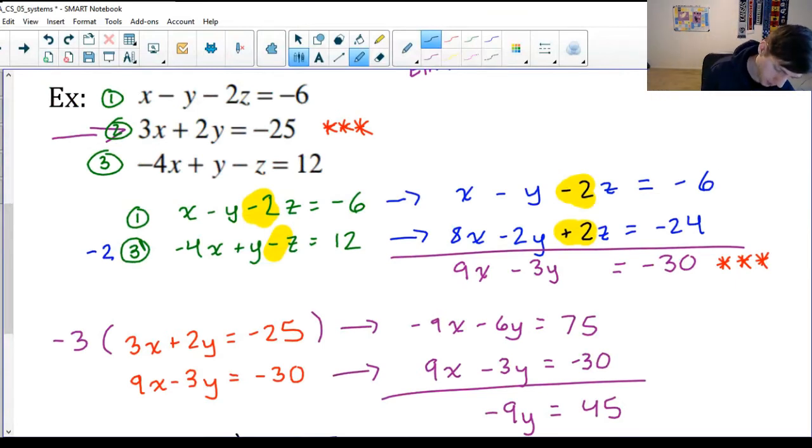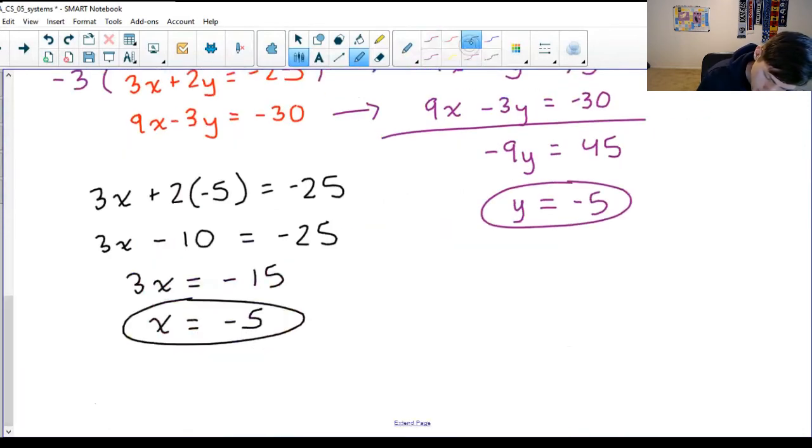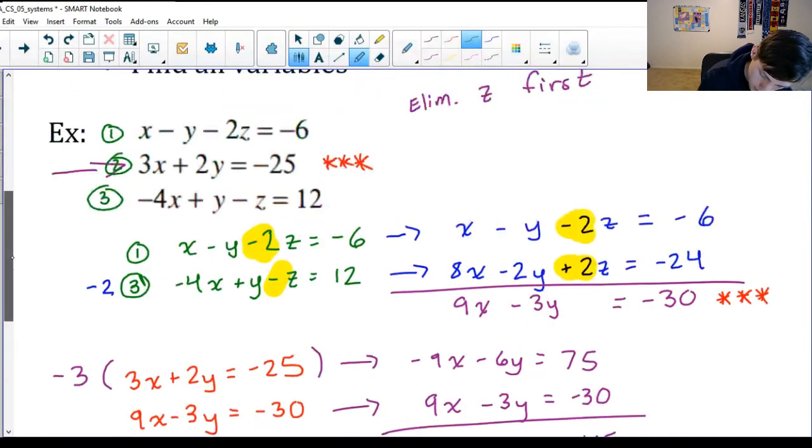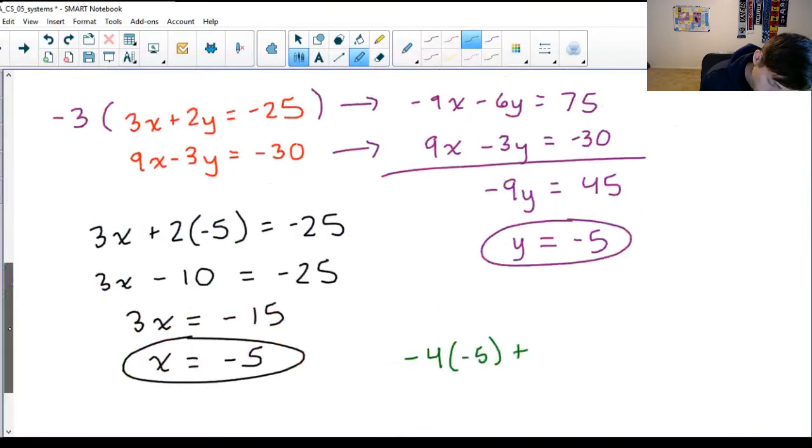Okay. So negative 4x plus y minus z. Negative 4x, but x we know is negative 5. Plus, I already forgot what I said. No, minus y. Wait, what am I doing? Oh, it is plus.